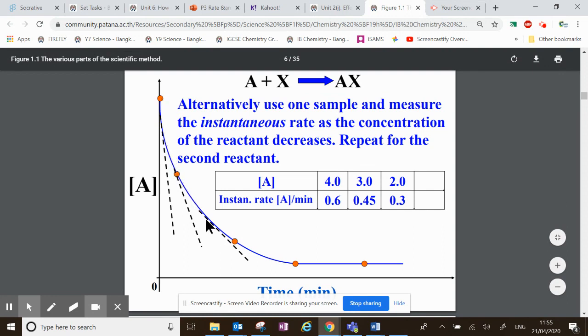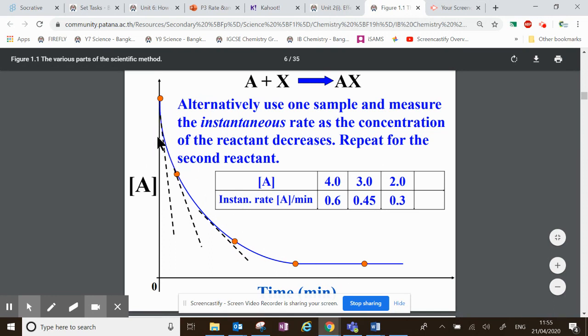The concentration of A goes down, becoming less steep, down, down, down, and then eventually flat when the reaction has finished. In this case, not quite at zero concentration, but the reaction appears to have stopped. So from that, which is one single experiment, but takes more time because it slows down as it approaches the end, we can extract the data we need from one curve.